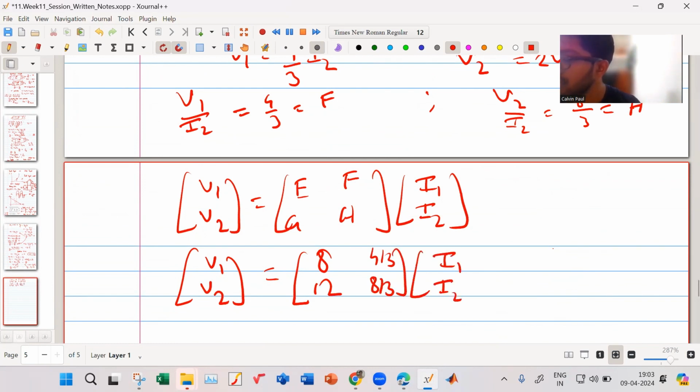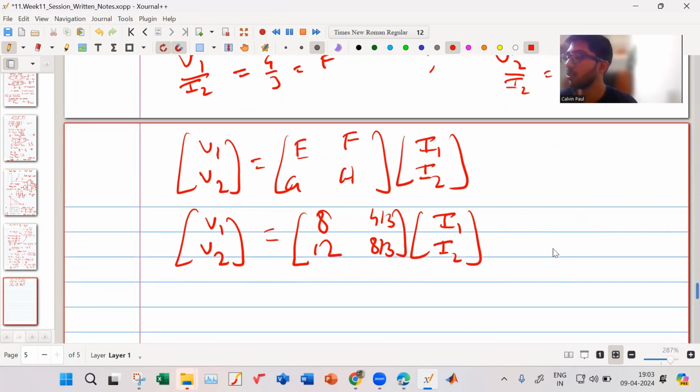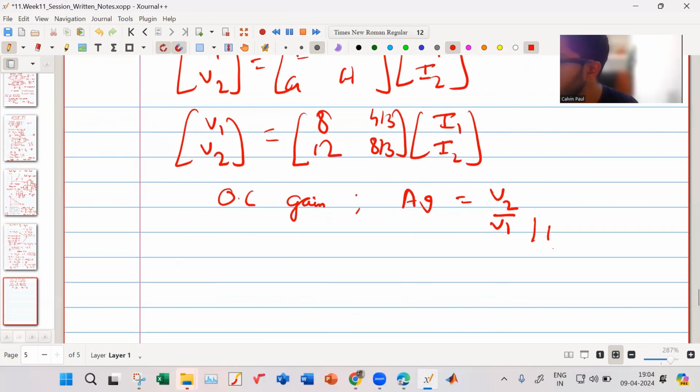I1, I2. They are telling to find the open circuit gain. What is my open circuit gain? AV is equal to V2 upon V1 when my I2 is equal to 0. So if I put I2 is equal to 0, what will I get?